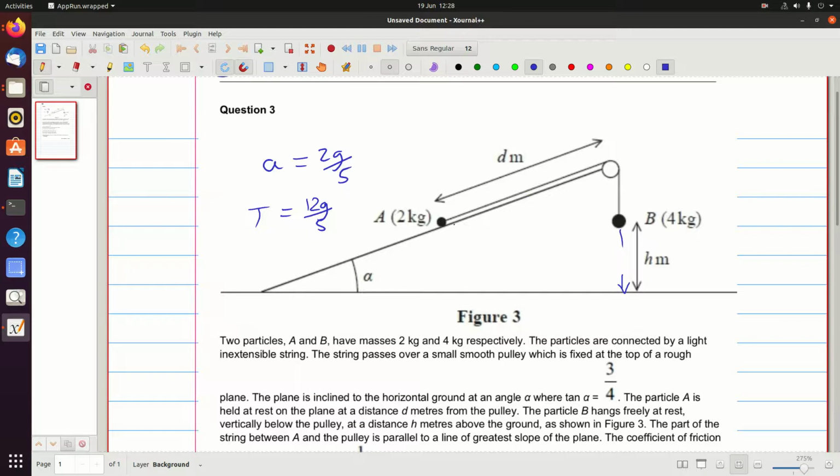And then you get stage 2, which is where B is on the floor now, and A keeps moving up the plane, but the tension's completely disappeared. Because once it's up here, and that one's down there, the string goes slack and there's no more tension. It just skids up and then maybe starts coming back down again. Now it's at that bit you need to use suvat again and some forces, and that's the really difficult bit, stage 2. But let's firstly deal with stage 1.